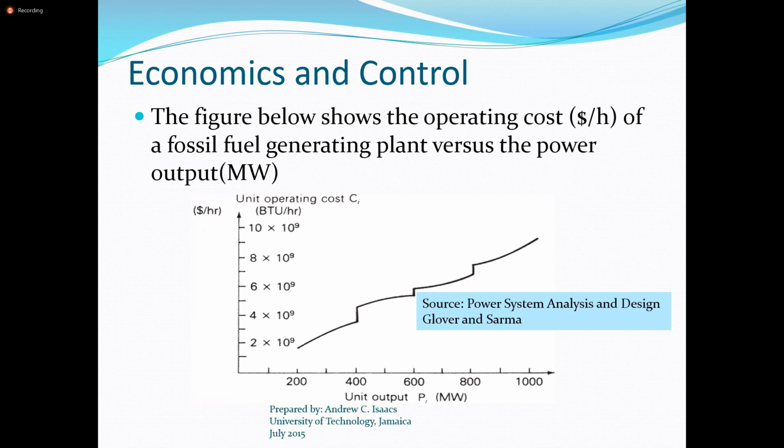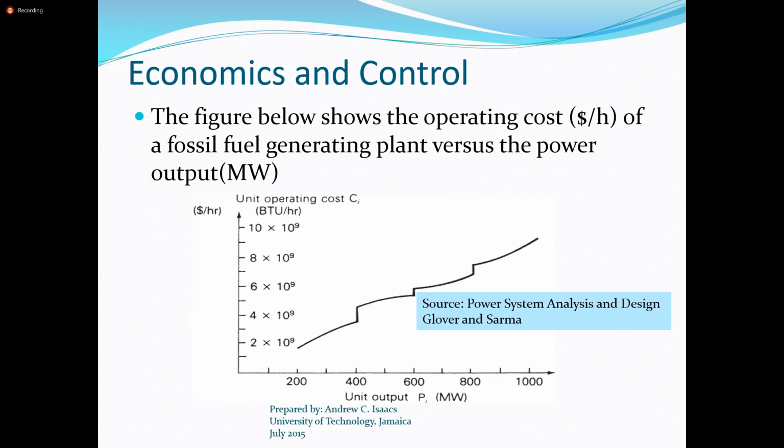But then you have the reactive component. Power factor correction is what you do in reducing the magnitude of the reactive power in order to reduce the magnitude of the apparent power for which the customer will be charged. Do you understand that? Does that make it any clearer for you? Yes, sir. All right.